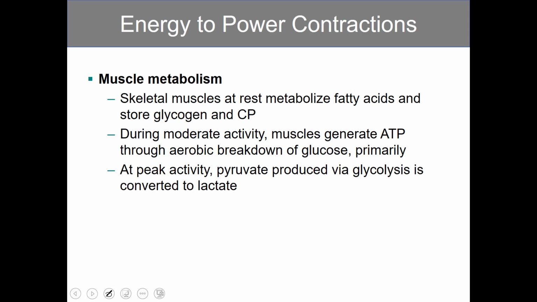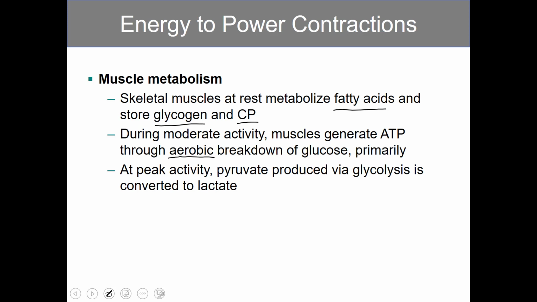Muscle metabolism. At rest, skeletal muscles metabolize fatty acids, and they tend to store the sugars, as well as generate creatine phosphate. During moderate activity, muscles generate ATP through aerobic metabolism of glucose primarily.